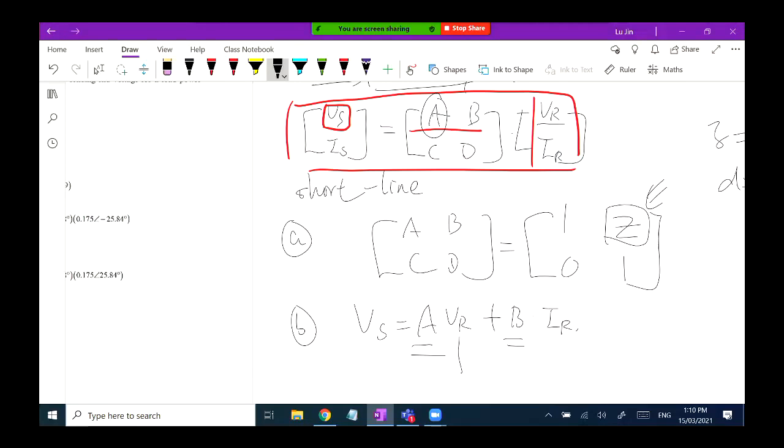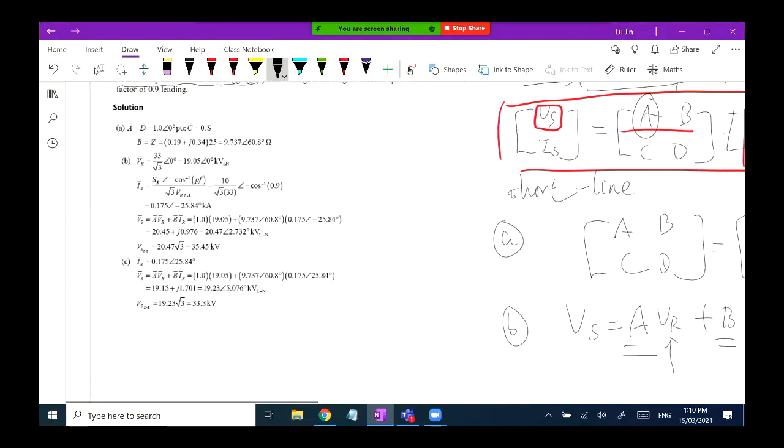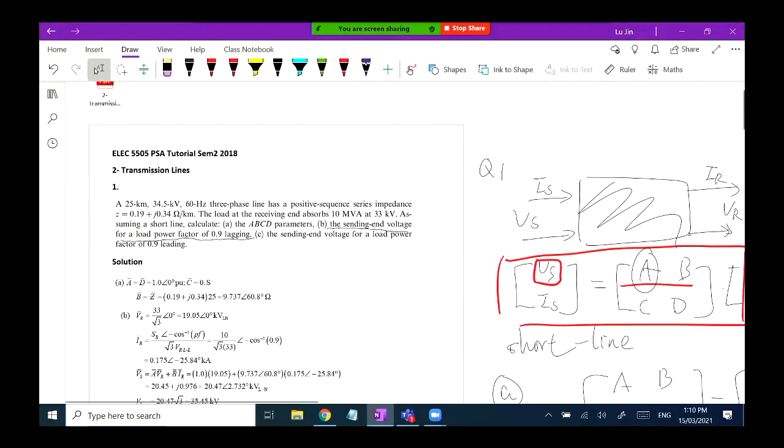VR. Everyone, question: what value should we put here for VR? You may go back to our question to check. VR, this R means the receiving end voltage. Can we find this value from the conditions? At the receiving end, the voltage is 33 kilovolts, right?